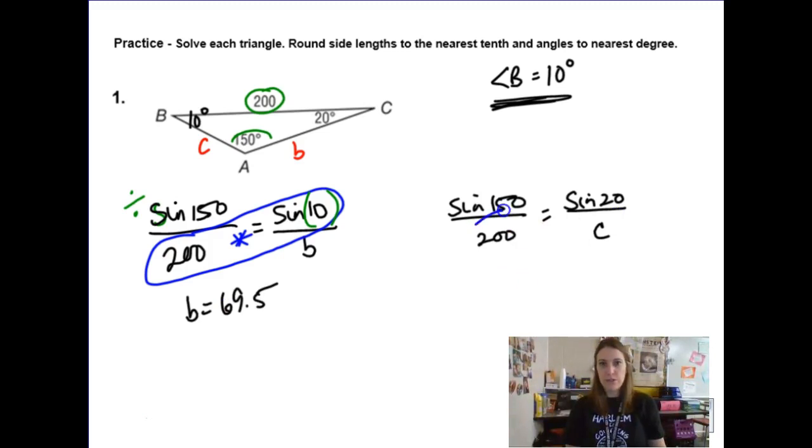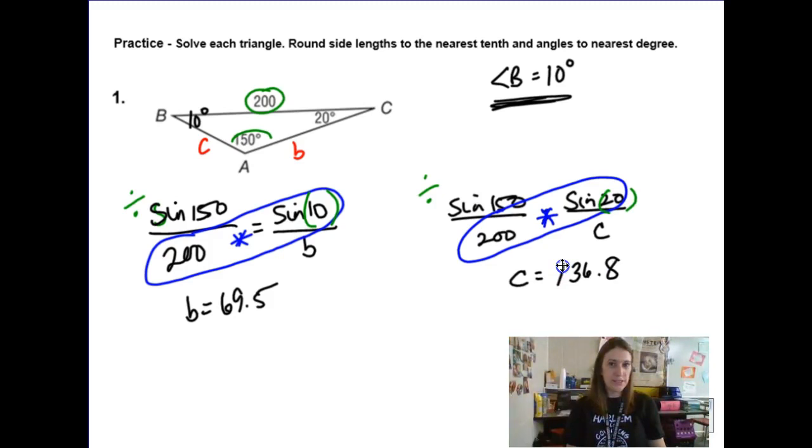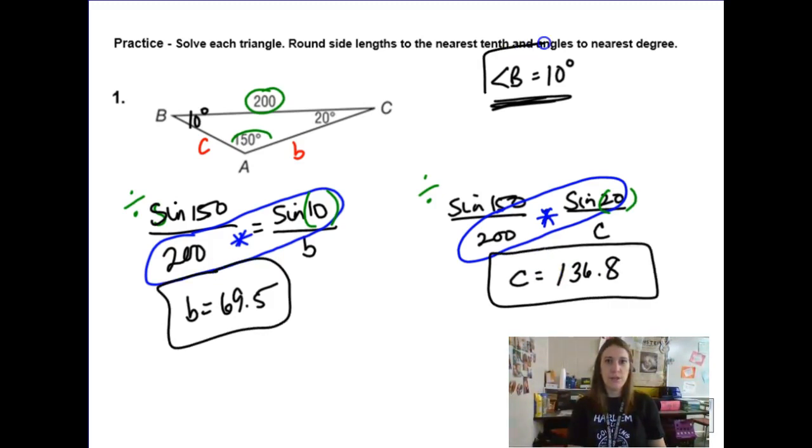Same math over here, 200 times the sine of 20. Make sure that you close your parenthesis after the 20 before you divide by the sine of 150. And I'm finding leg C to be 136.8, whatever units. All right, so we found 1, 2, 3 things. We have solved the triangle.